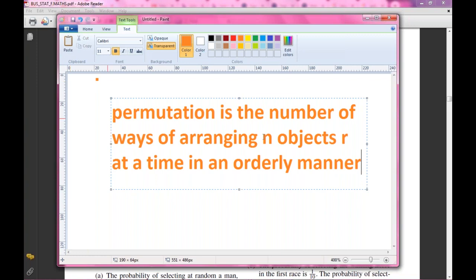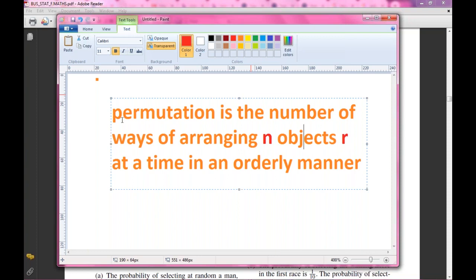So this n here is the total number of objects that you can consider in the statistics. And this r is the number of objects being selected at a given time, in an orderly manner, not in a random manner.